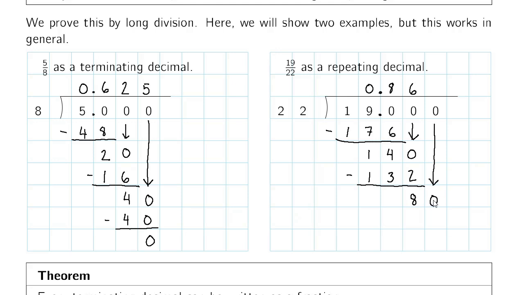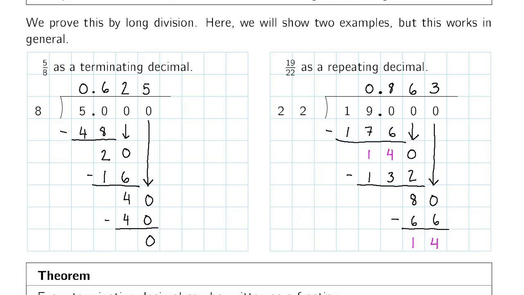Bring down the 0. 22 goes into 80 3 times, because 3 times 22 is 66. We subtract. 80 minus 66 is 14. And at this point, we notice something. This remainder 14 has just been repeated.